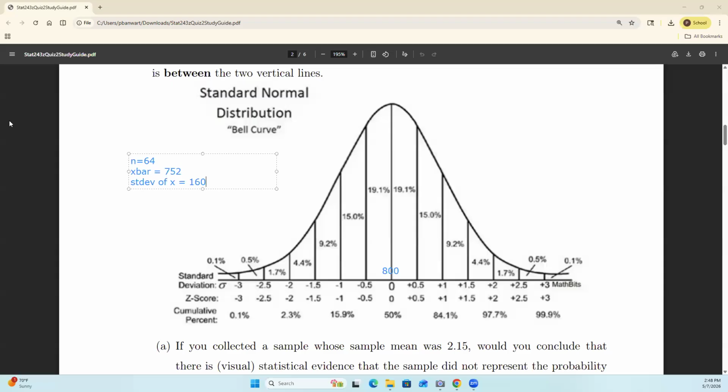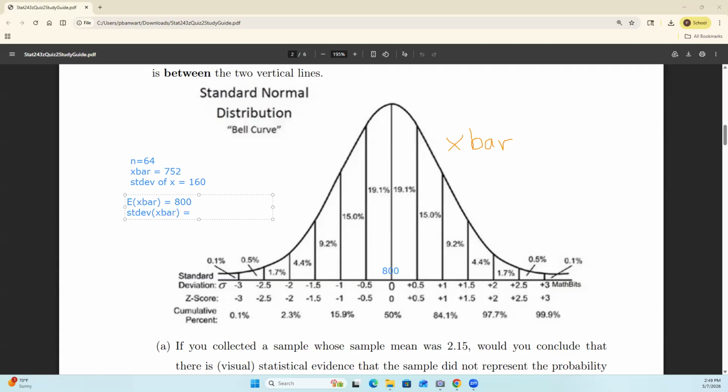So if we want to have a distribution about x bar, we still get to use the expected value of x bar is still 800. But the standard deviation of x bar is not 160.